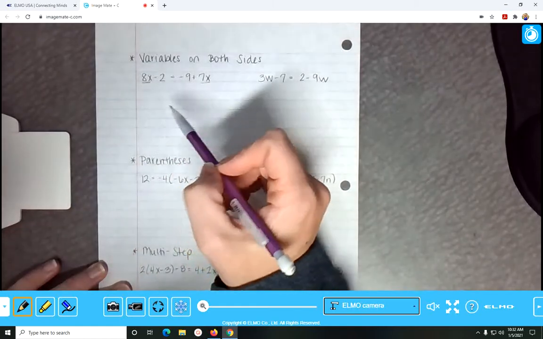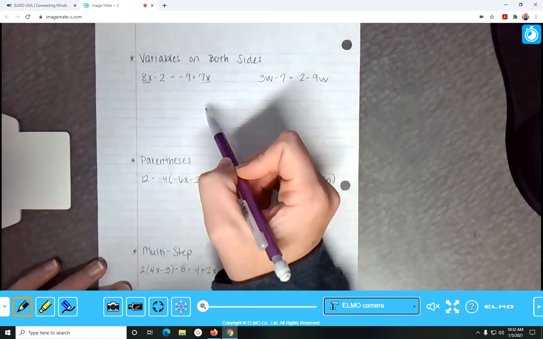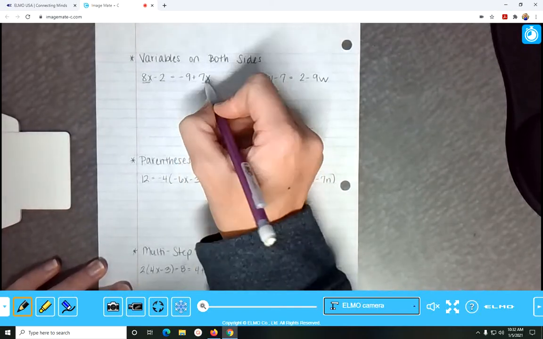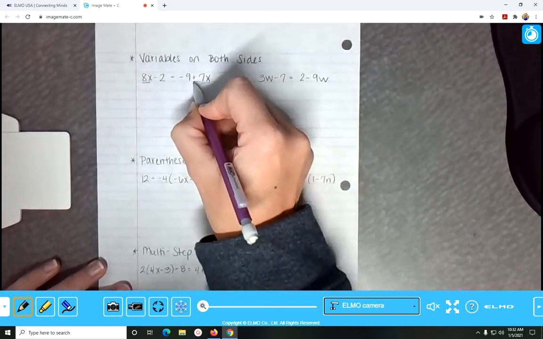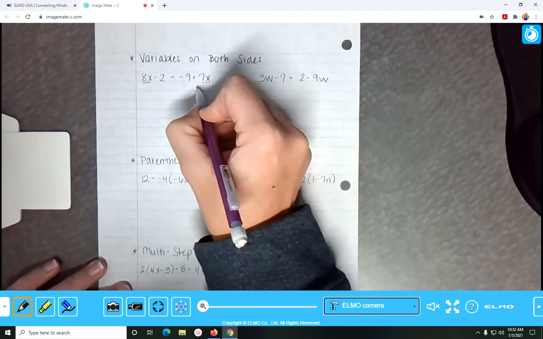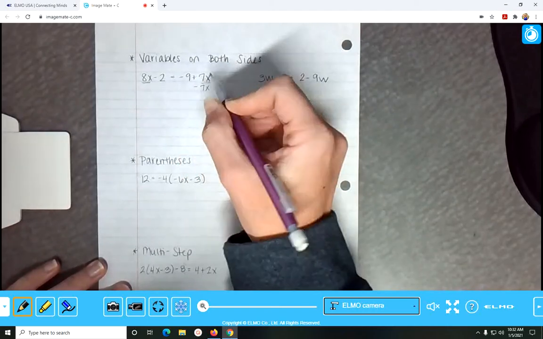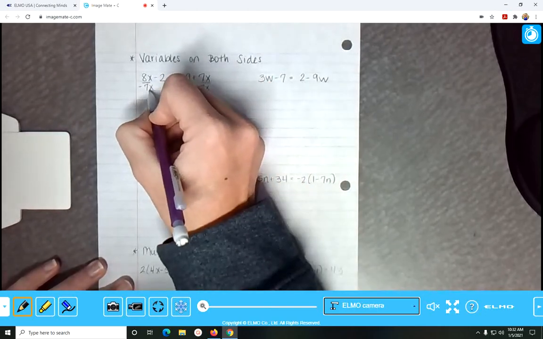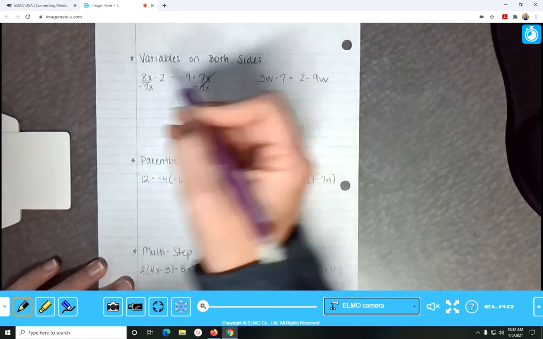What we have to do is use an inverse operation to get rid of one of them. Okay, so I want to get rid of this 7x, and it's positive. It's an addition of 7x, so to get rid of that, I'm going to subtract 7x. Whatever I do to this side of the problem, I also have to do to this side of the problem. So I'm going to do it on both sides.